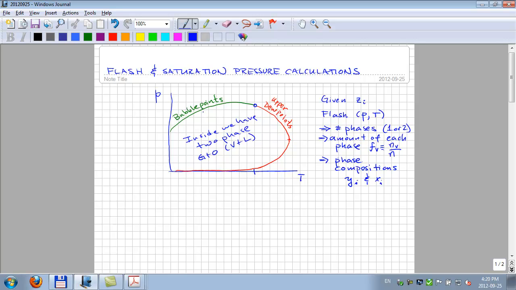And along the green line, we've got this mixture basically full of what we would think is oil, but then there's a little gas bubble there.